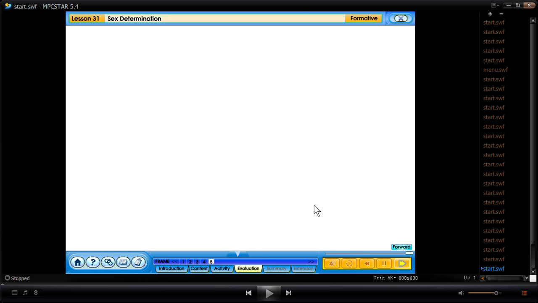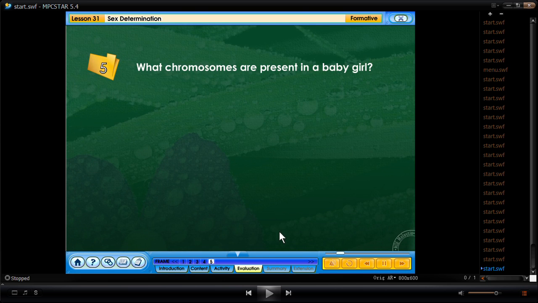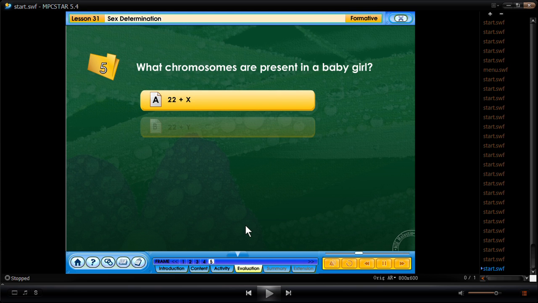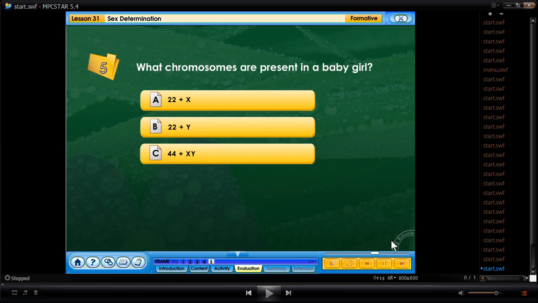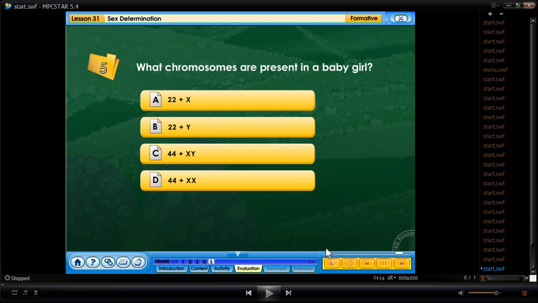What chromosomes are present in a baby girl? A. 22 plus X. B. 22 plus Y. C. 44 plus XY. D. 44 plus XX. Your answer is correct.